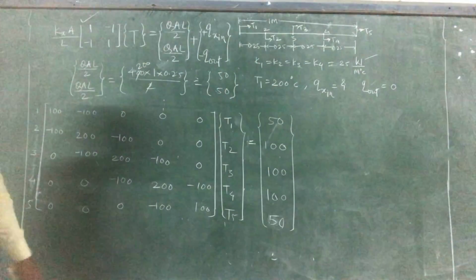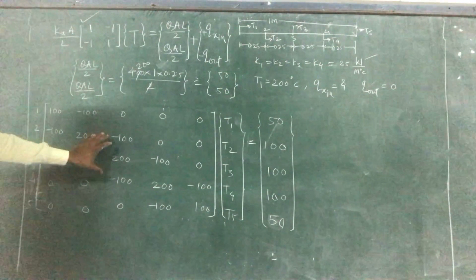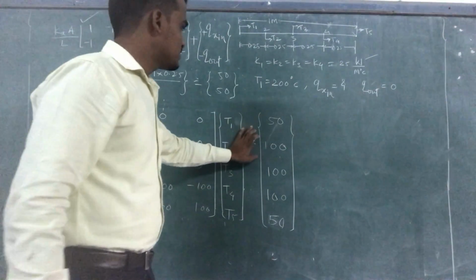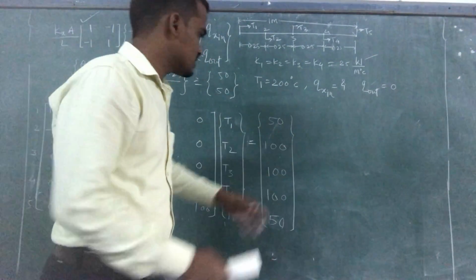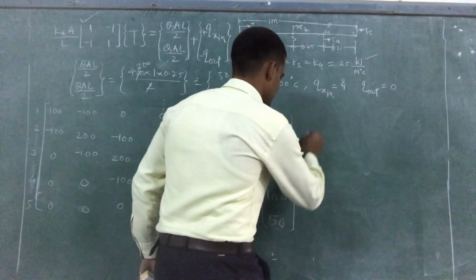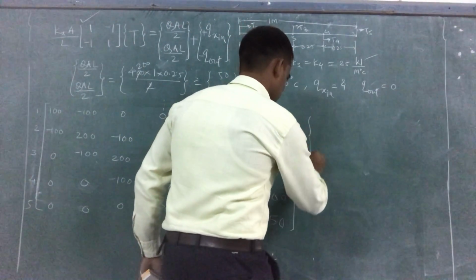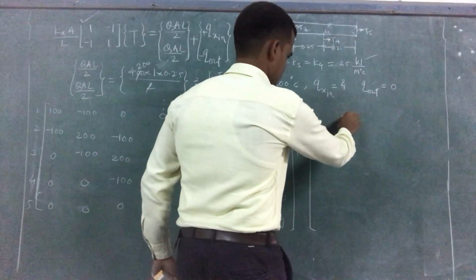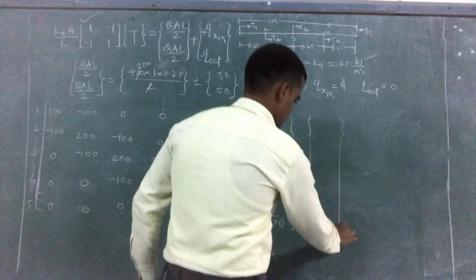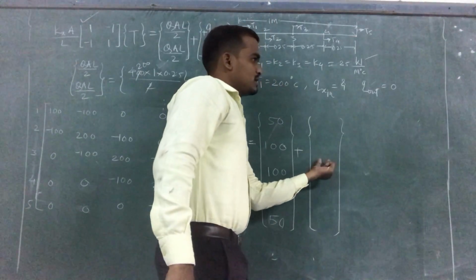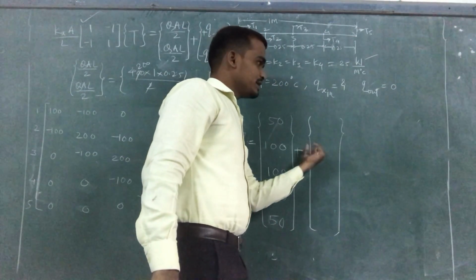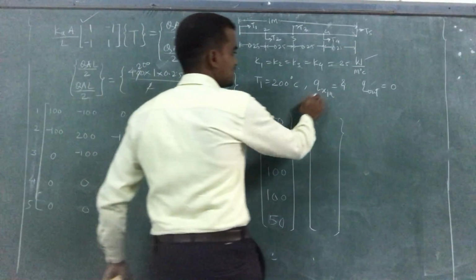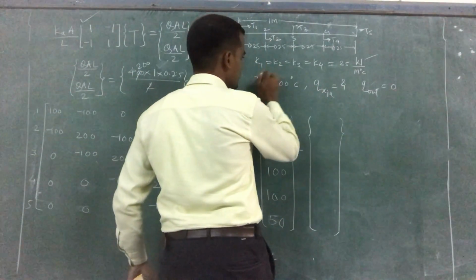Okay, so in this way we can write: the global stiffness matrix times the temperature vector is equal to the load vector due to the heat generation source, plus the load vector or boundary condition due to the heat conduction effect. Now, from the boundary condition, we need to find Qx1 due to the temperature T1.